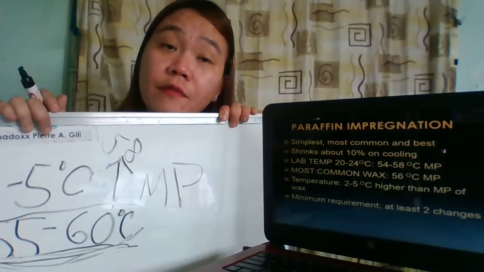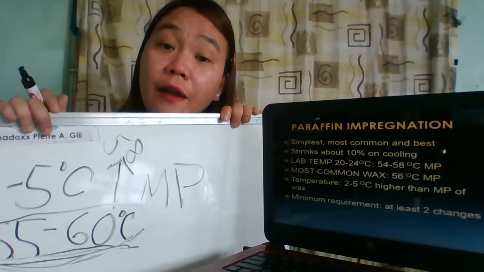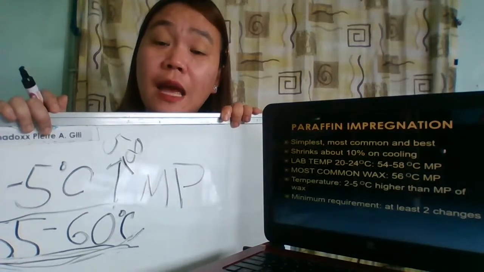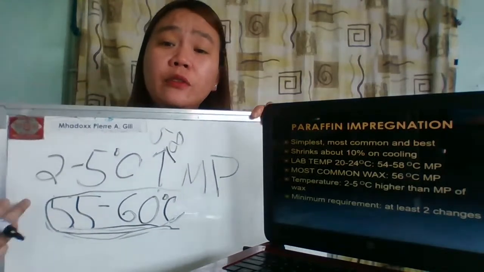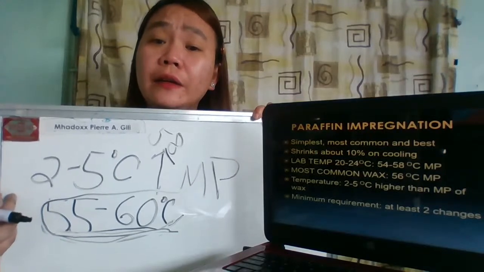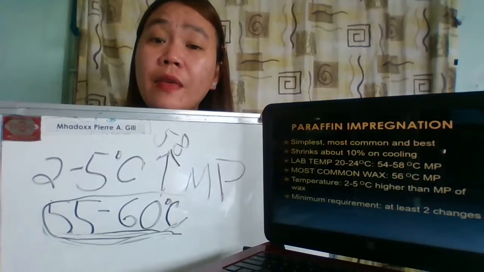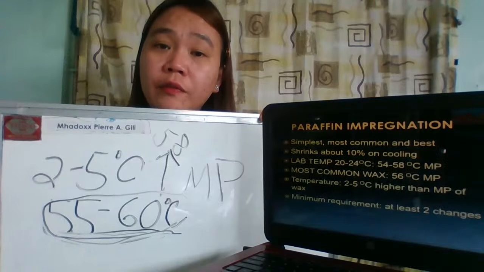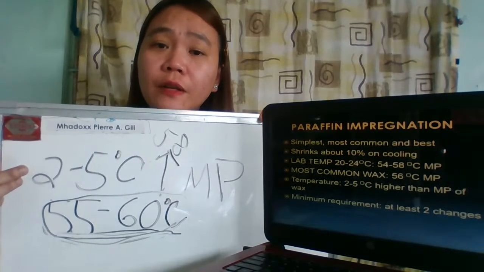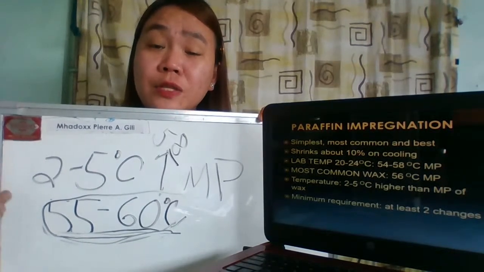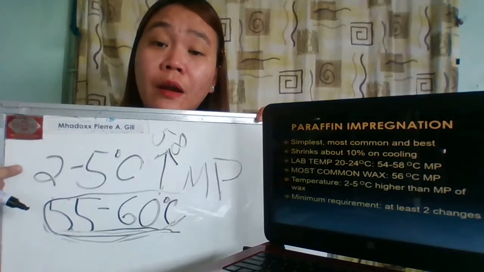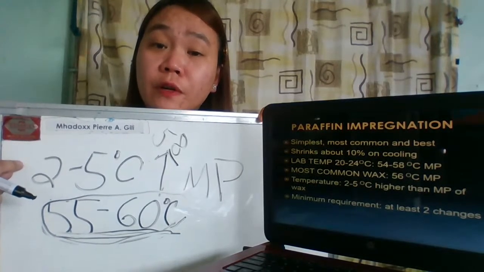Plus 5, 63. Okay, and so if we are to follow 2 to 5 degrees Celsius higher than the melting point of the wax, then the temperature of the oven or the temperature during infiltration should be 60 to 63 based on this first rule, right?